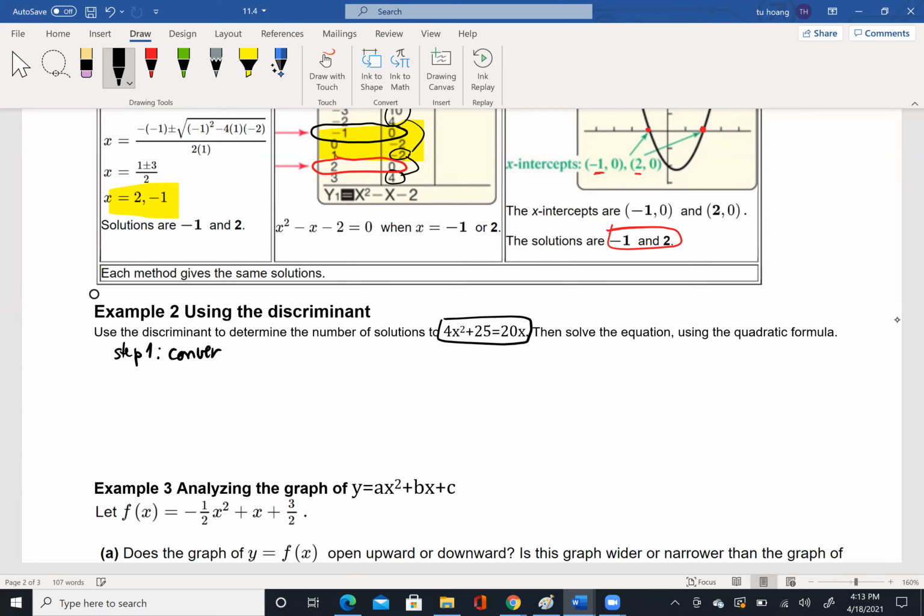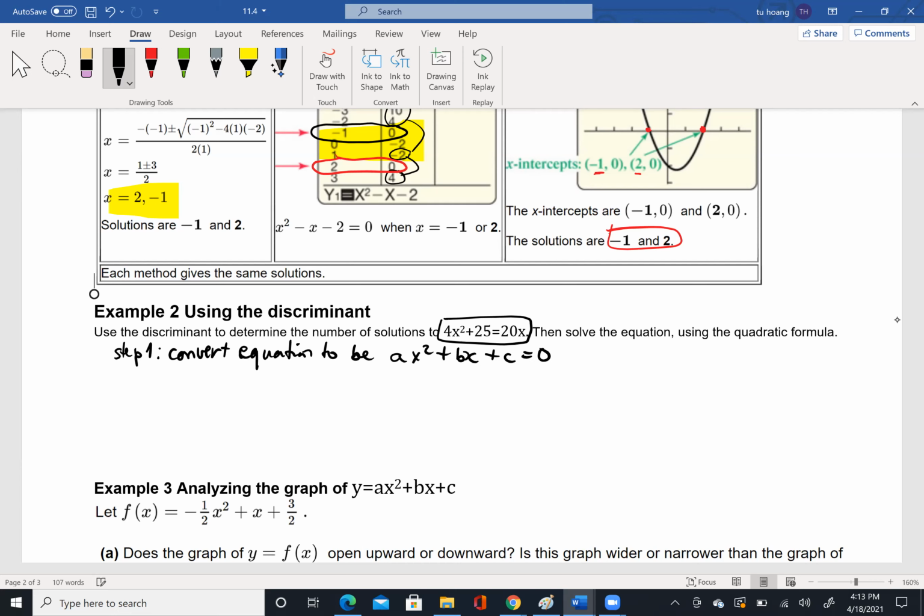So step 1, convert the equation to the form ax squared plus bx plus c equal to 0.